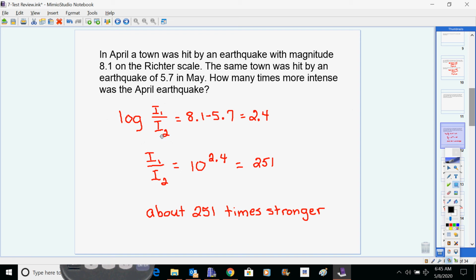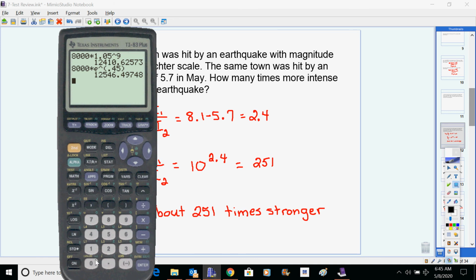The ratio that compares the intensities equals the larger one minus the smaller one, and then you get a number. Because log without a base means log base 10, this is really saying that the ratio of the intensities equals 10 to the 2.4 power.